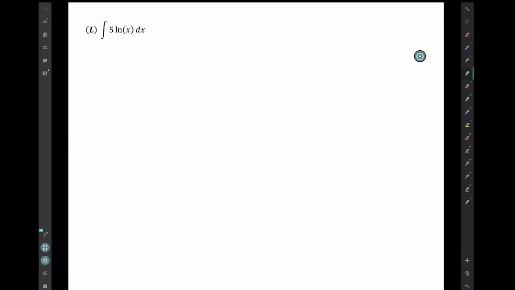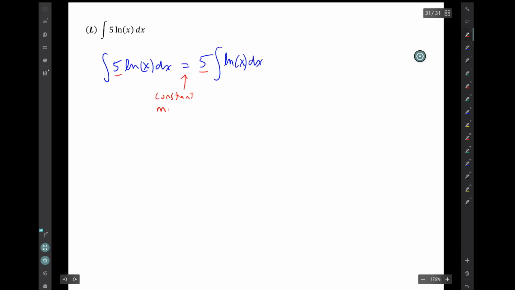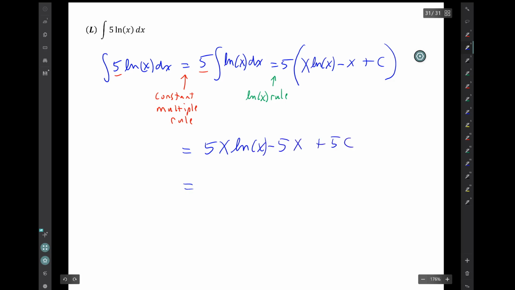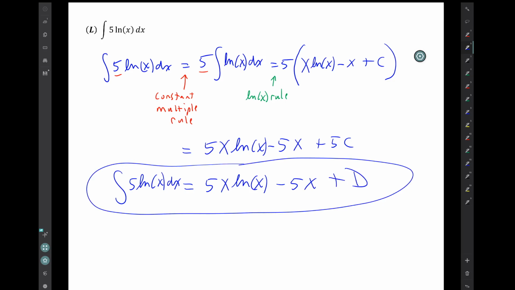Our last example, we'll do the indefinite integral of 5 ln of x. The result is that indefinite integral equals 5x ln of x minus 5x plus D. Here I've just simply replaced the additive constant plus 5c with the additive constant plus D. Again, since capital C could be any real number, 5c can be any real number.